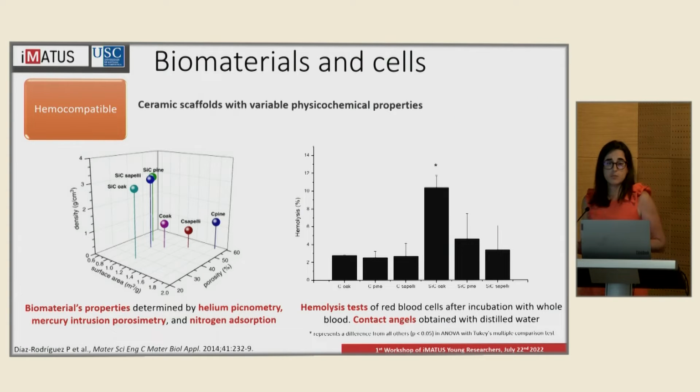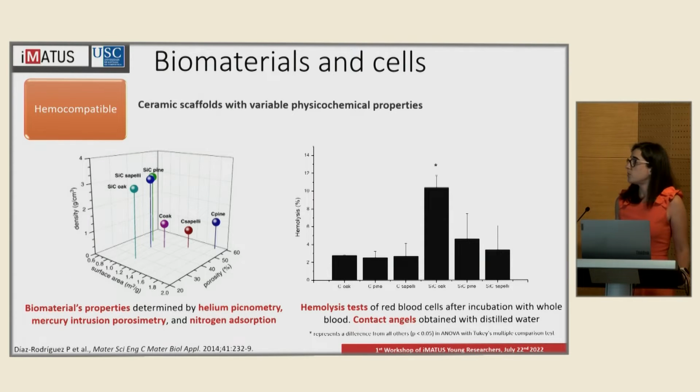Another property that needs to be tested is hemocompatibility. In this case, I'm showing you data about ceramic scaffolds that were produced with variable chemical and physicochemical properties. The initial phase of the study was to understand our ceramic network, so we assessed the density, the surface area, and the porosity of all the ceramics. As you can see, they are quite close to each other.